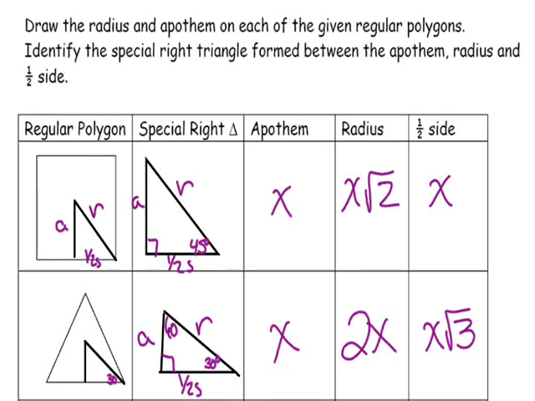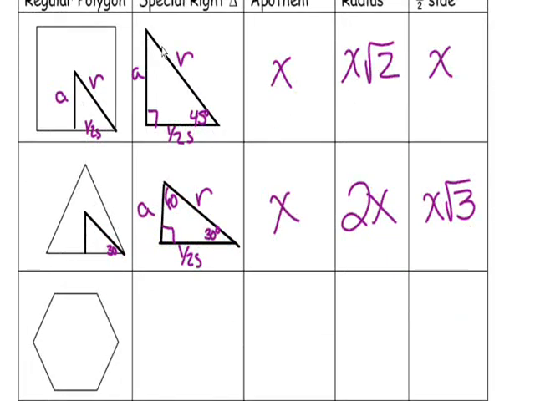The last special right triangle forms inside a regular hexagon. Here's my apothem, here's my radius. Now, the triangle that forms with this one, let me draw a triangle here.